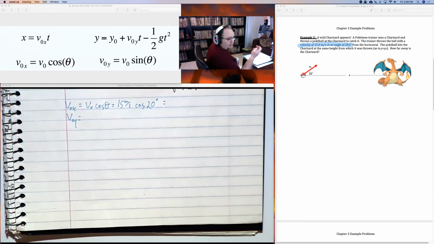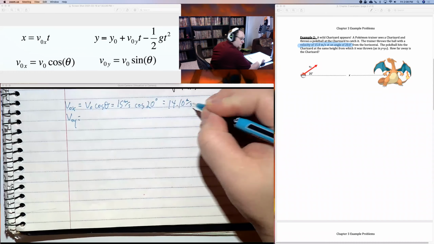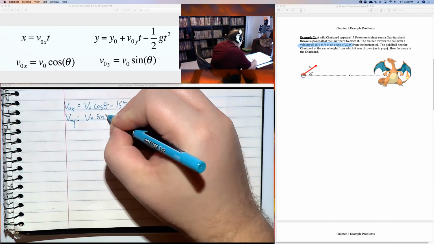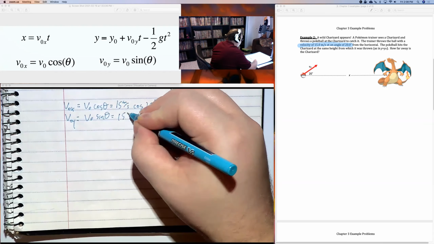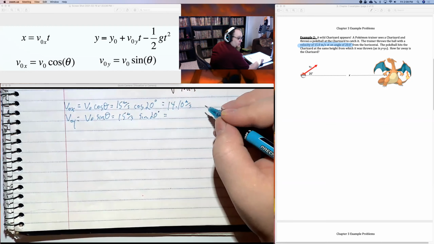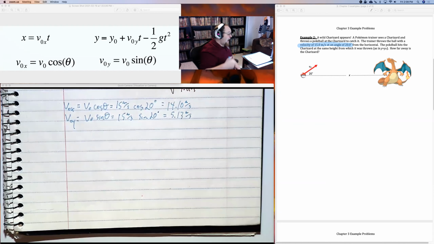Which, if I do that math, is 14.10. My v naught y is always going to be v naught sine theta, or 15 meters per second sine of 20 degrees, which doing that math is 5.13 meters per second. I am not going to use v naught being 15 for anything else. That's just a way to get to this point.